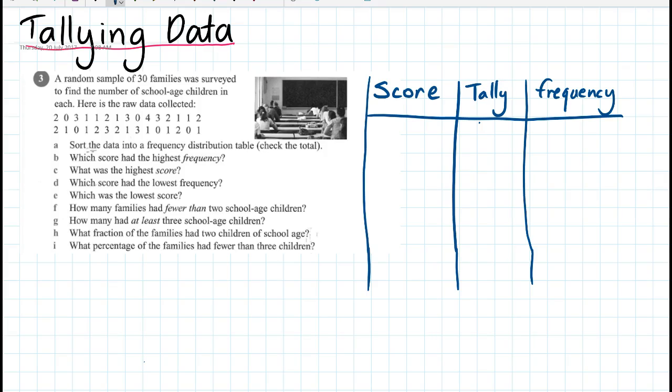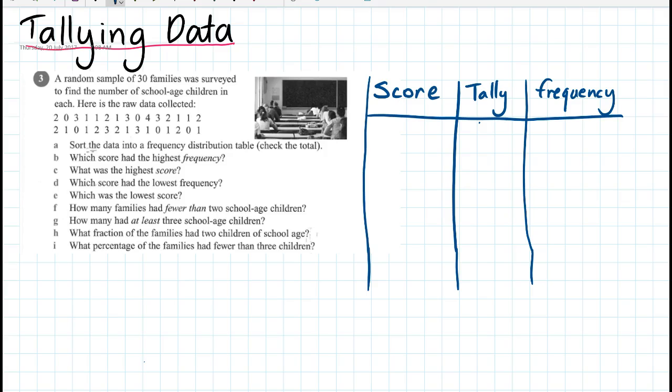What you do is you write down the scores in the score column, and the scores are the numbers over here. So the story is a random sample of 30 families was surveyed to find the number of school-aged children in each. Here are the raw data collected: 2, 0, 3, 1, 1, 2, 1, and so on. Those are the numbers of children in each family.